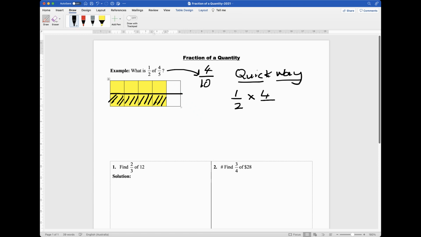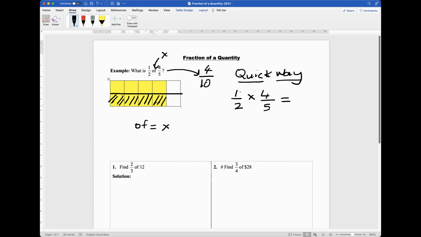In mathematics, of is equivalent to times, meaning multiply. So just replace the of with the times sign. Okay, so I've got half times 4/5.